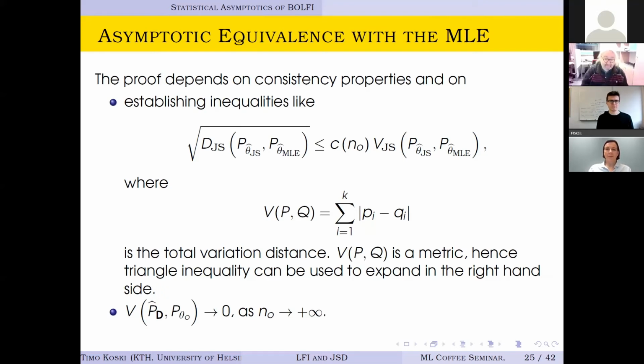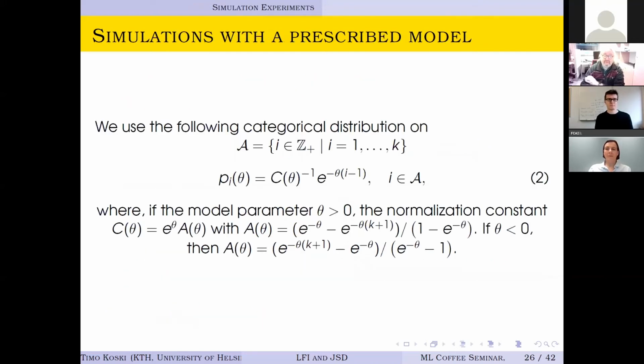And then I need to know the fact that if there are a lot of observations, then the total variation distance between observed data and the true distribution goes to 0, which is not that surprising. So that's what the proof requires.